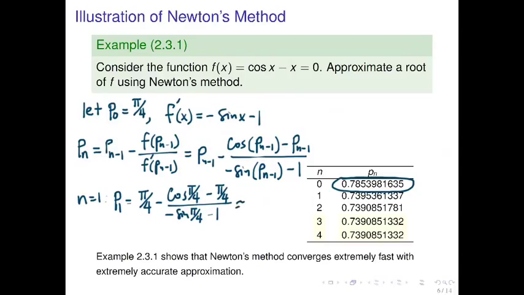With the help of the calculator, it gives this value right here. For the next iteration, you would take this new value, P sub 1, and repeat the process for P sub 2.